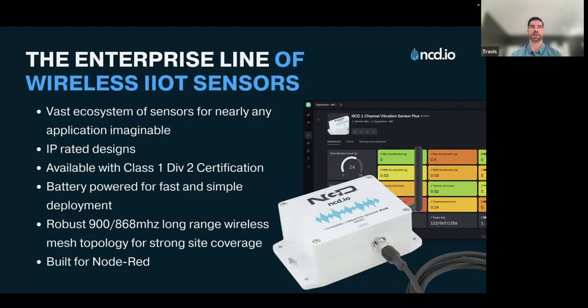DigiMesh is the wireless protocol. You can feel free to look into that further for more information, but it's a very reliable, very robust wireless topology. You could say it's similar to LoRa, but we feel that it has some benefits LoRa doesn't have, and that's why we went with it.